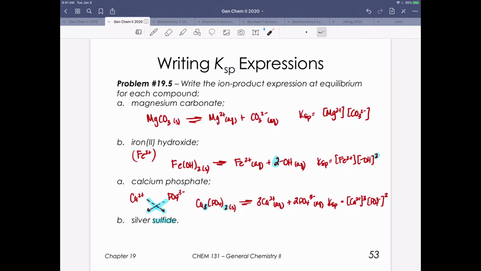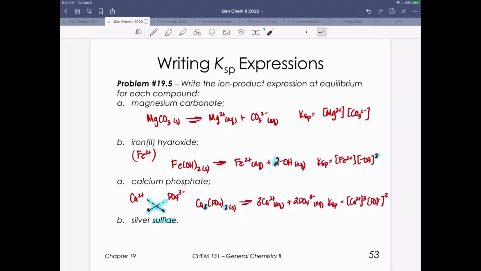So calcium phosphate is going to be Ca3(PO4)2, and so when this dissociates, we actually get 3 calcium ions and 2 phosphate anions. And again, this is a polyatomic anion that we have there.